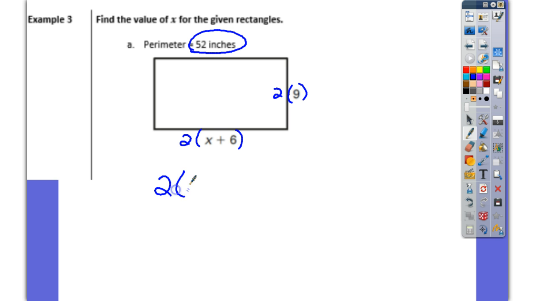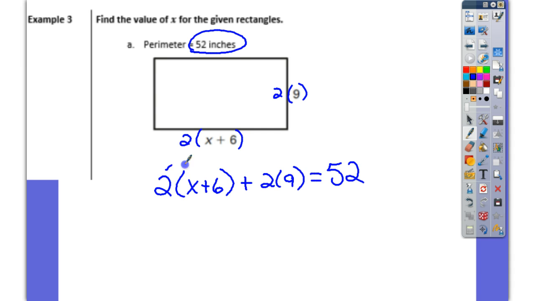So 2 times x plus 6. Add that to 2 times the 9. So 2L plus 2W equals 52. Unless you like to do it x plus 6 plus x plus 6 plus 9 plus 9, that old-fashioned way again. But this takes us to our distributive property.